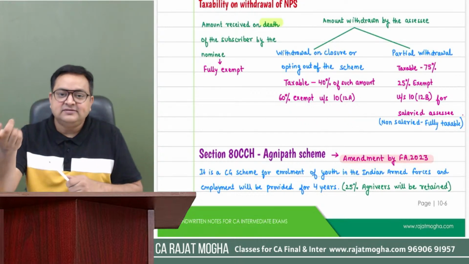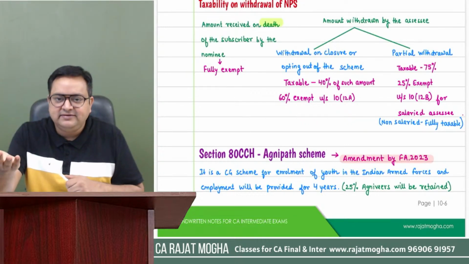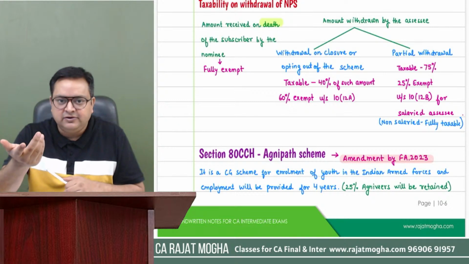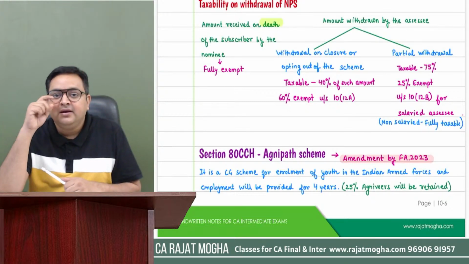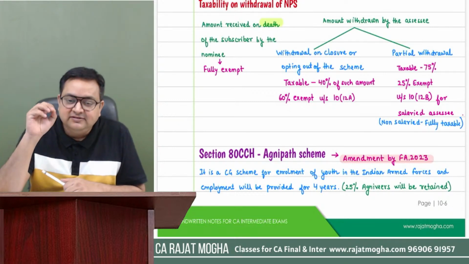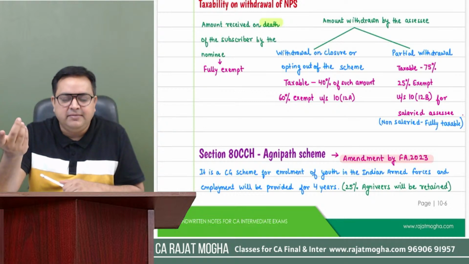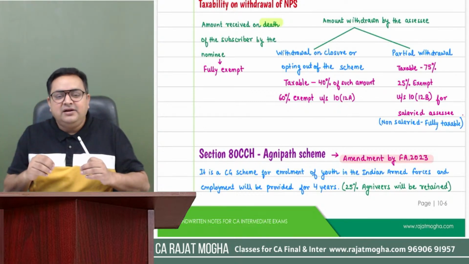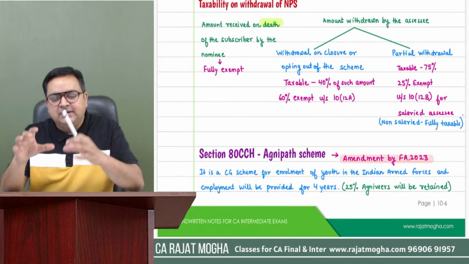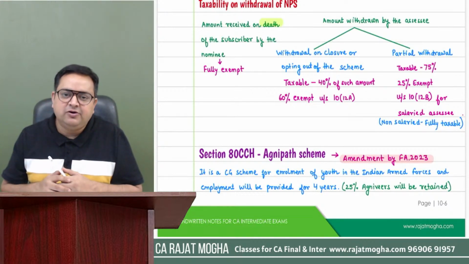And during these 4 years, they will be getting salary also. So their salary will be taxable, no doubt. Plus, the central government, because Army, Navy, Air Force come under the central government, will also contribute something to their Agniveer Corpus Fund.